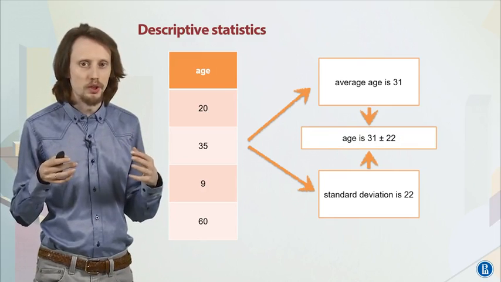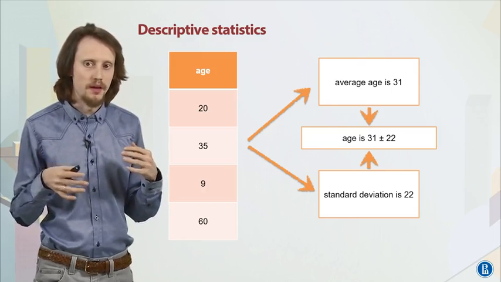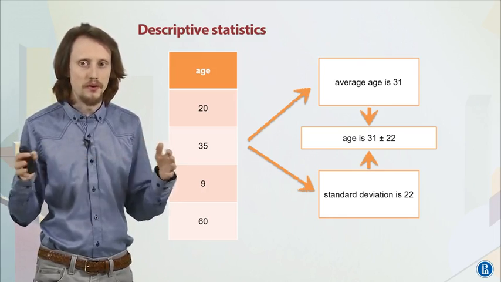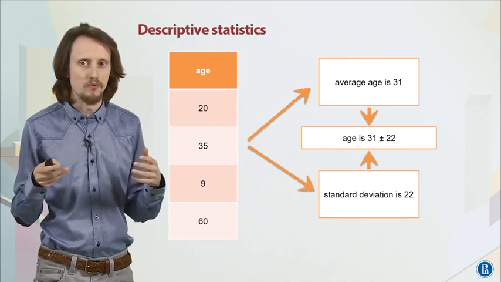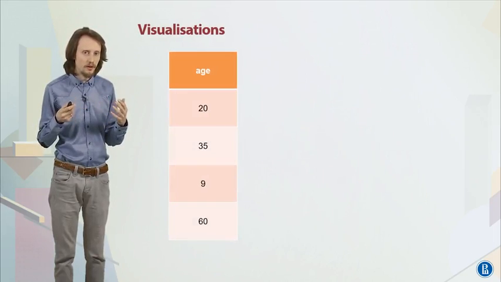It gives information about the average value, and it gives information about an average deviation from this average value, so the range of the participants of our study. These two are examples of descriptive statistics. Another way to get information about the data is visualization.